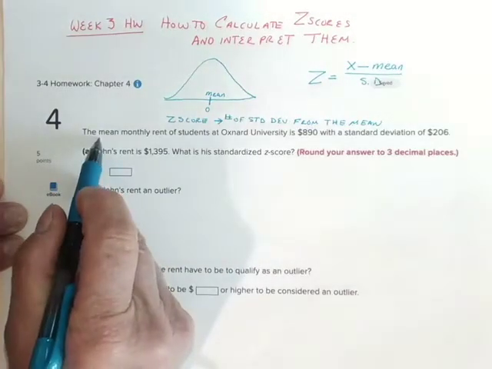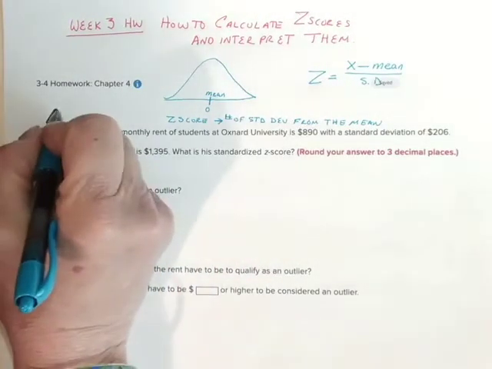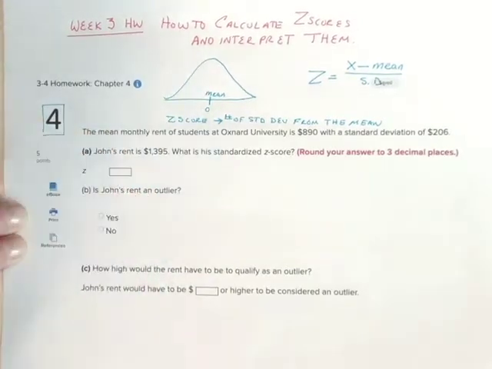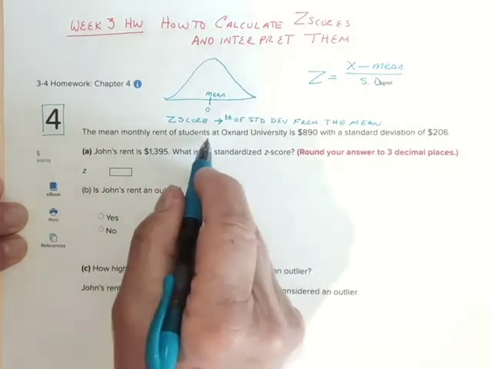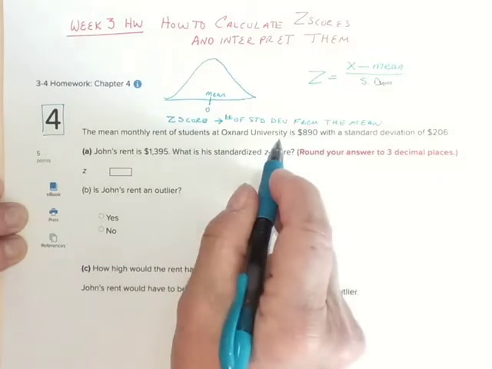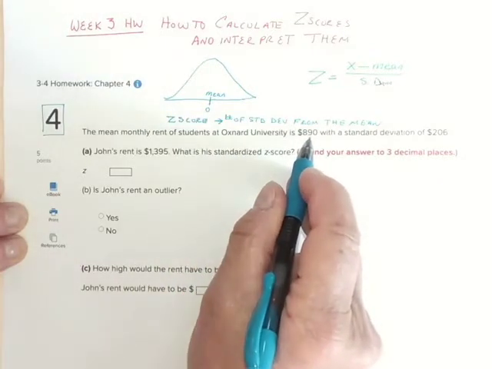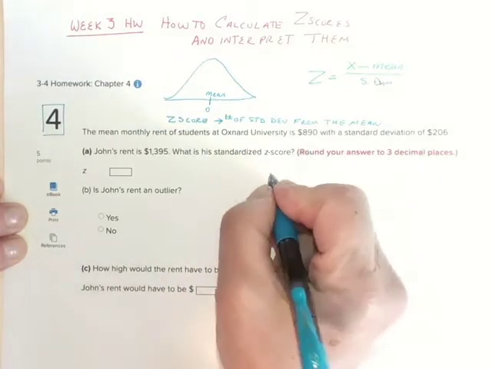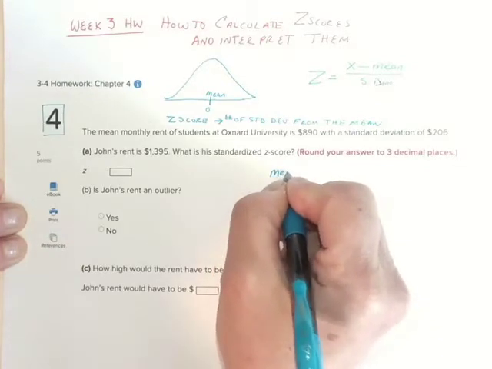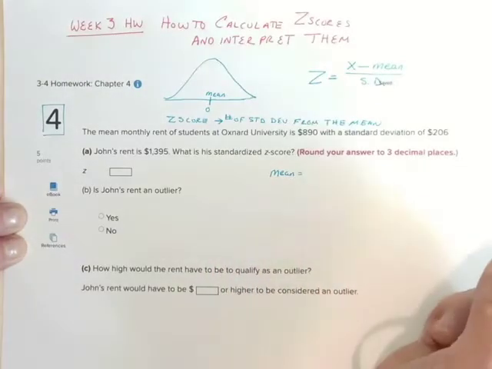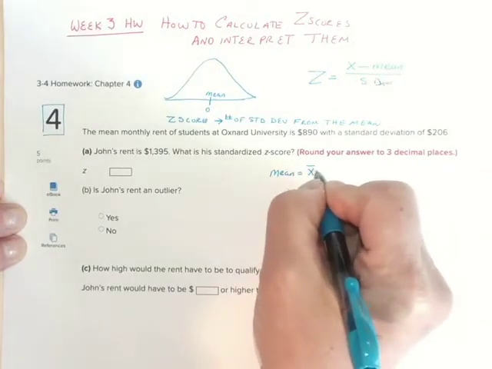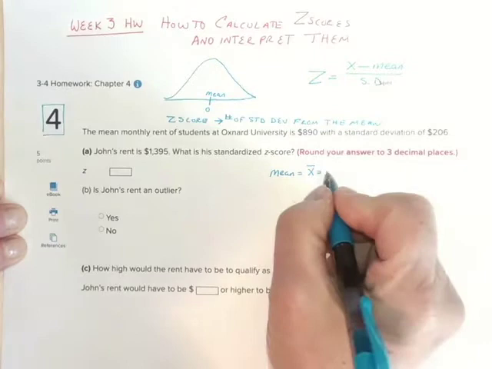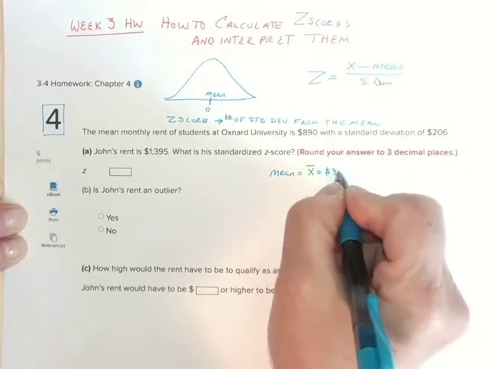So in this example, we are working on homework problem number 4 from the Week 3 assignment. The mean monthly rent for students at this university is $890. So the mean, which you're going to learn is called X bar, is equal to $890.